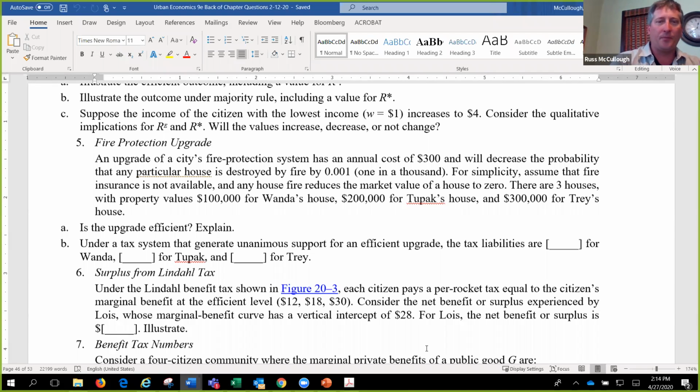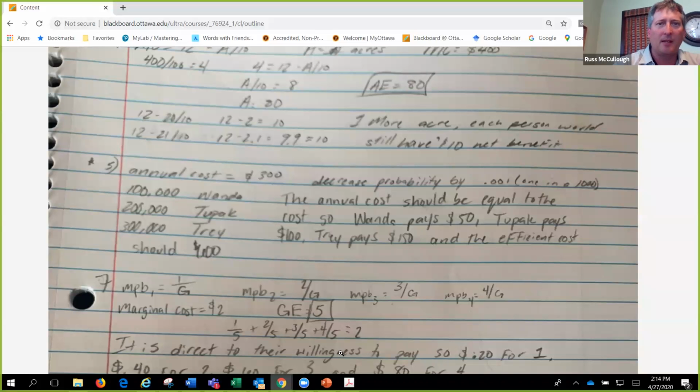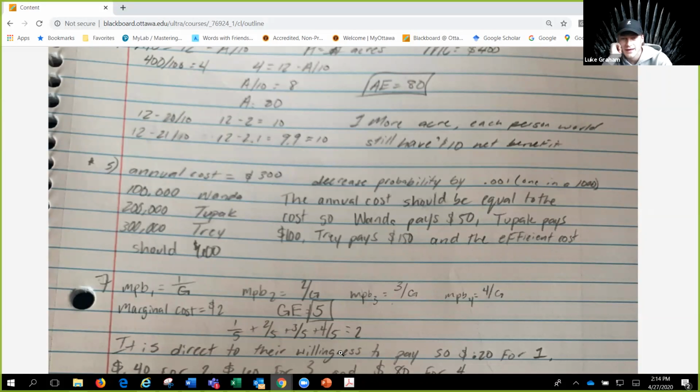So, what did you do? Sounds like we've got expected value stuff here as a possibility. So, annual cost 300. Go ahead and verbalize what you did, Luke. I really had no clue on this one. I kind of put down what the book was suggesting and tried to work backwards.